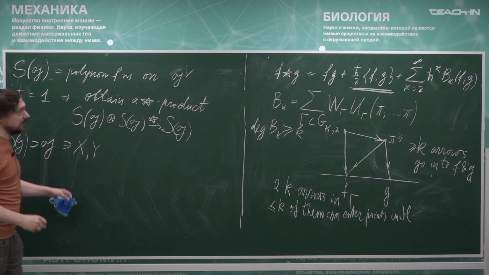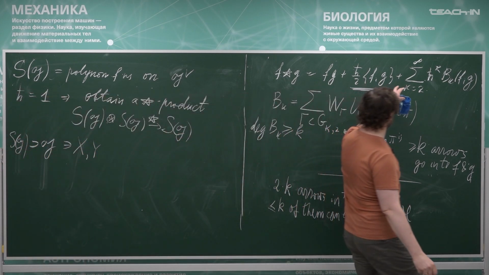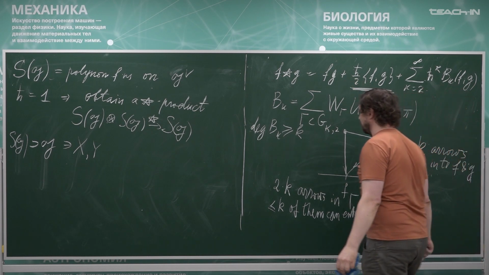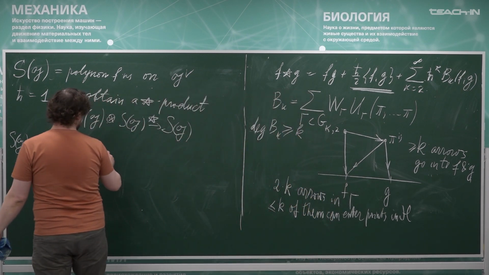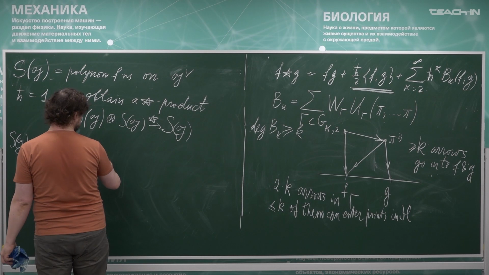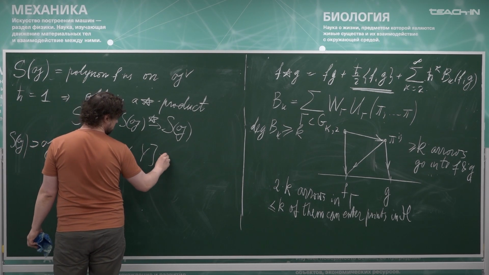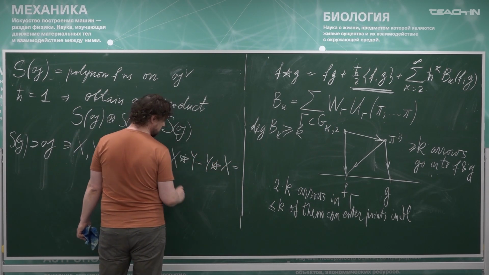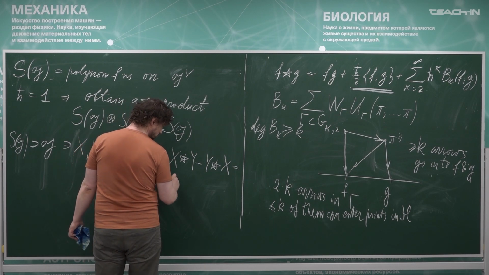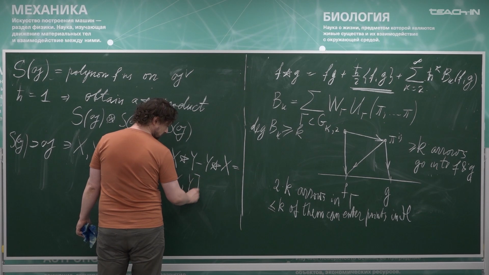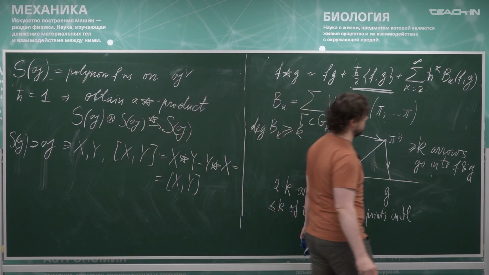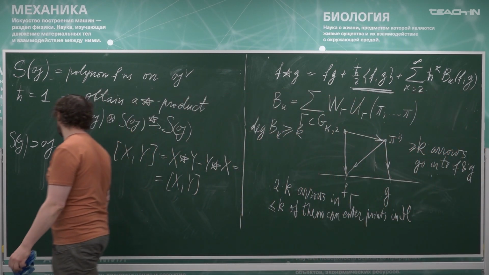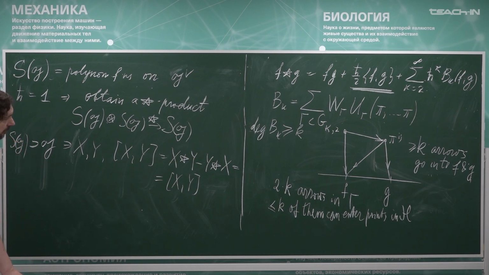Then by straightforward inspection of definitions, using this observation as well, we see that the commutator of x and y in the sense of the star product is given by just the Poisson bracket itself. To this end, you also need to observe that the B2 operator is symmetric, but let's skip it for a while. It's not hard to see.